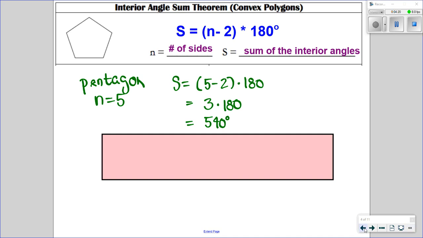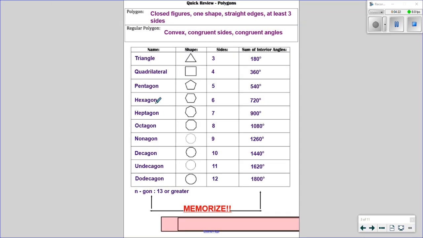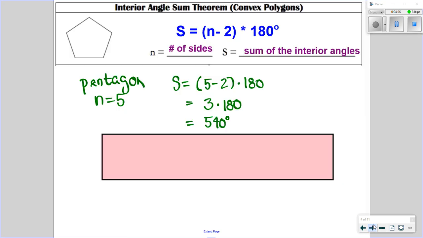So if you were to go back to this chart for the pentagon, what does it say? 540. So if you didn't know that right off the bat, you would use this formula to find out what the interior sum is for the pentagon. And that goes for any shape. So it's S equals, in parentheses, n minus 2, times 180.